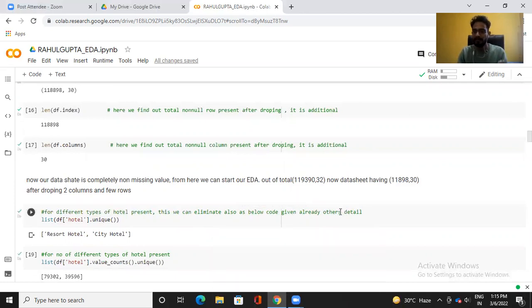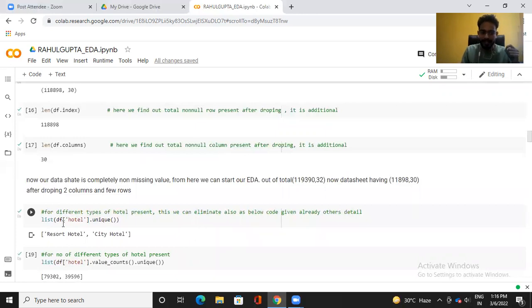There may be a city type of hotel and a resort type of hotel, because different people have different preferences. Someone may want a resort because they have a big family or a party, while others may go to city hotels due to official work or meetings. I am assuming all these things. Let's see what results come from the data.